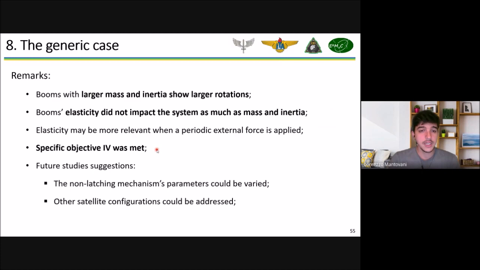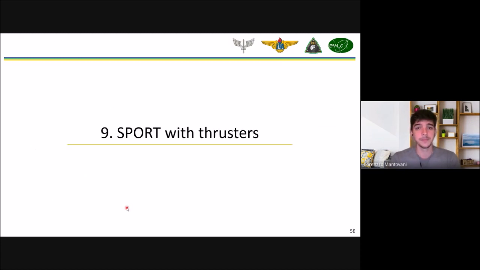For this case, we have some further study suggestions: vary the non-latching mechanism parameters, such as the torque of the deployment spring, the collision parameters, or even the damping, and see how they would impact the system, or also use other satellite configurations.